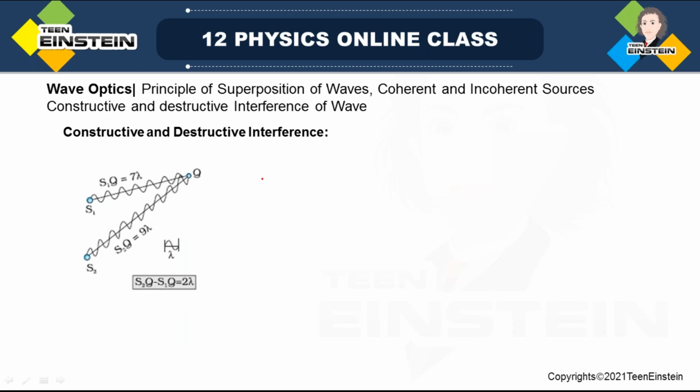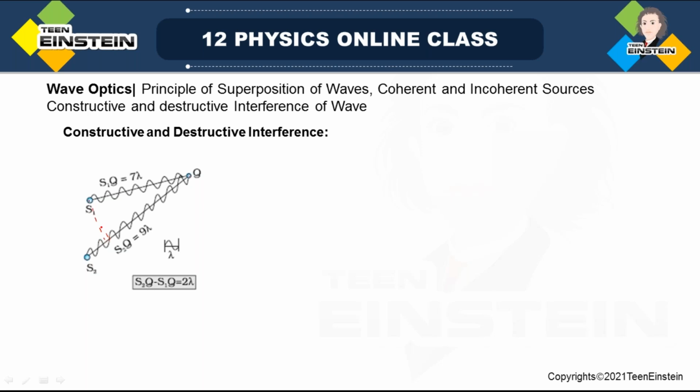So let us see this. As I said, path difference can be expressed in terms of lambda also. So for the same sources of waves, suppose the coherent sources S1 and S2, which I have shown there in the beginning, are producing two waves which meet at this particular point Q. And they have a path difference, right?